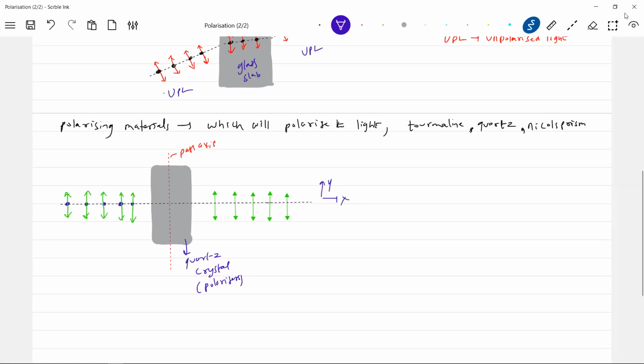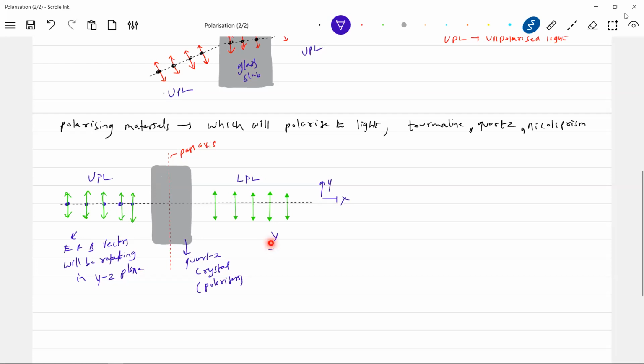So what is this? Unpolarized light. This is a linearly polarized light. Here, what happened? E bar and B bar vectors will be rotating in the YZ plane. Okay. Now what will this polarizer do?